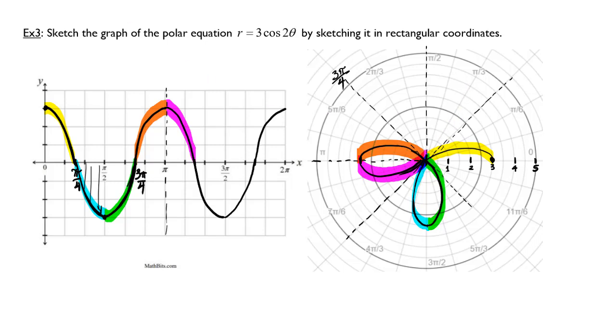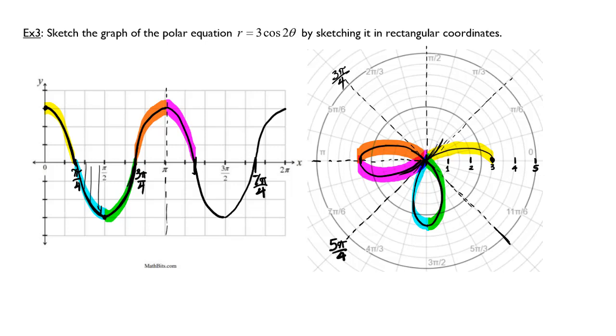Now, I hope you're starting to see the pattern that's emerging where I now curve up because I'm now in the negative region. So on the interval from 5 pi over 4 to 7 pi over 4, we're negative.